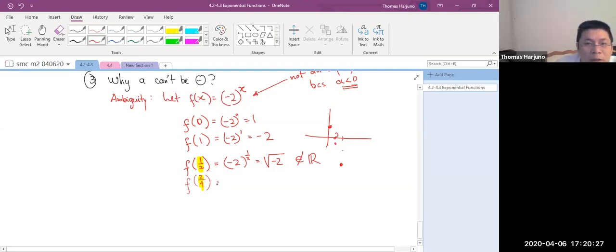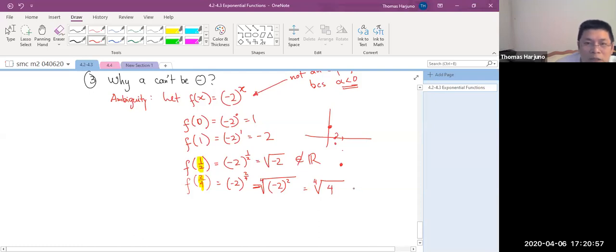If I have negative 2 to the power of 2/4, one way to look at this is negative 2 being squared, and then you take the 4th root. The 4th root of negative 2 squared is the 4th root of positive 4.